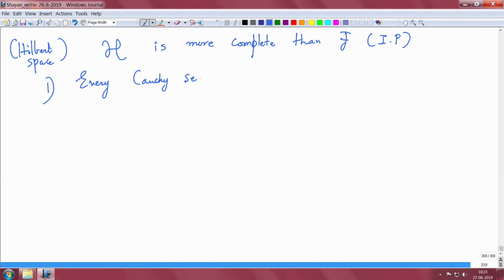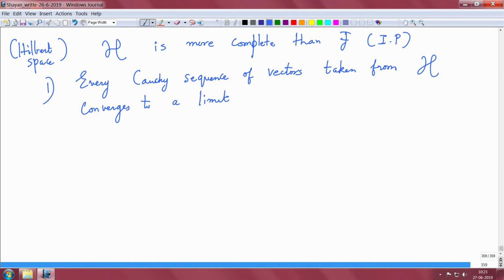Every Cauchy sequence of vectors taken from this space converges to a limit in this space.